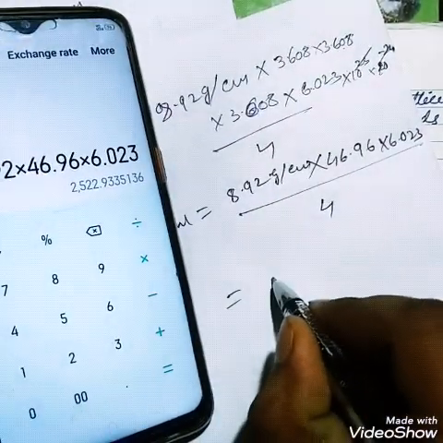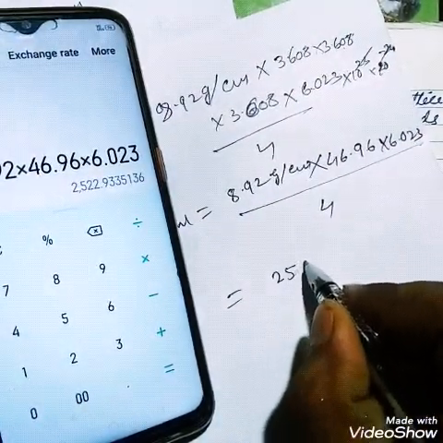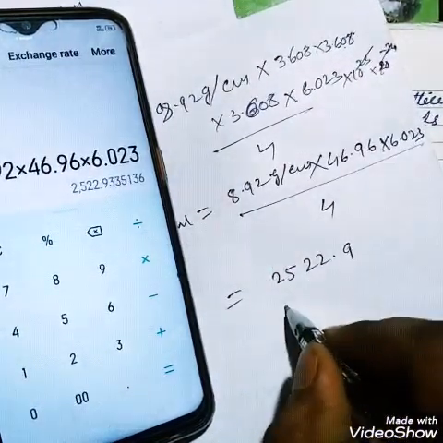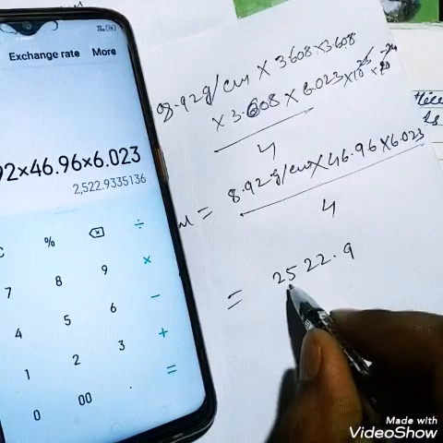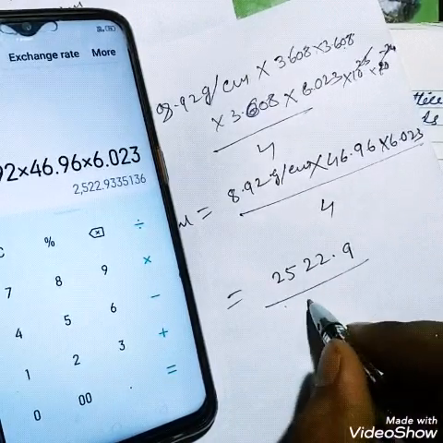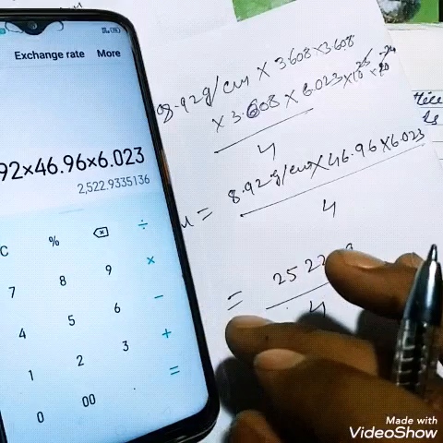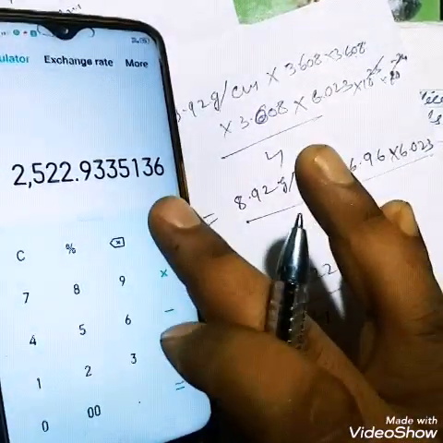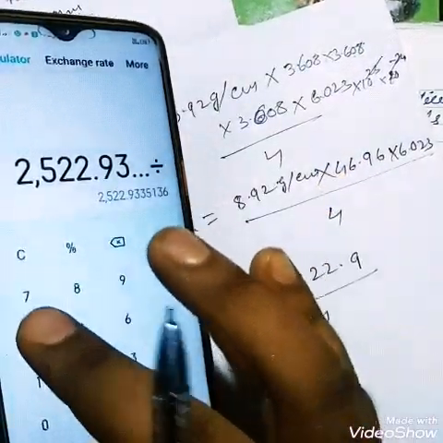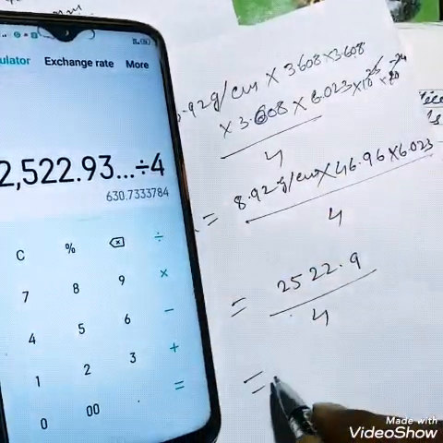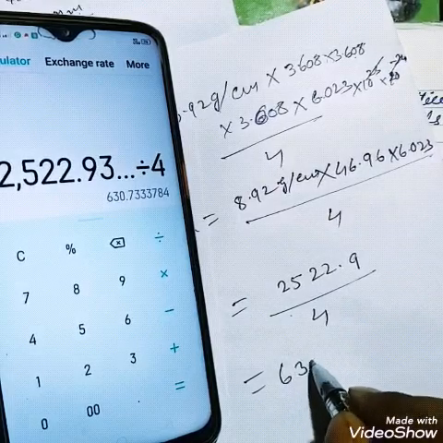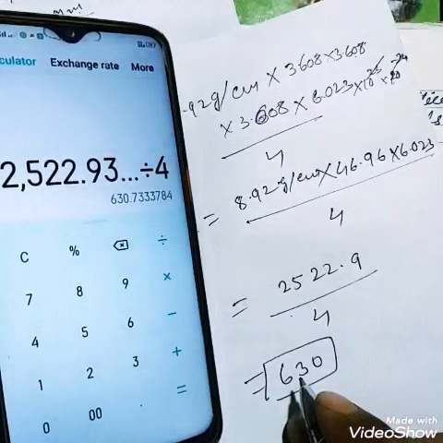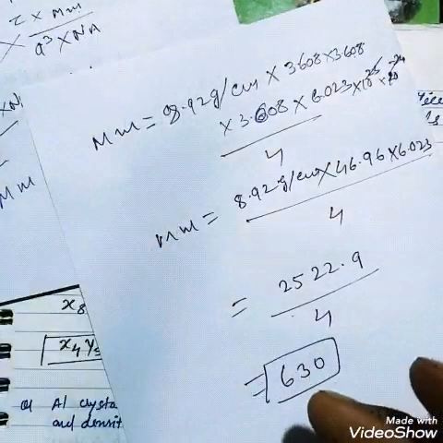Now how much? 2522.9, which we also consider as 2523, so upon 4. Divide by 4, how much is it? 630. So the final answer is that.